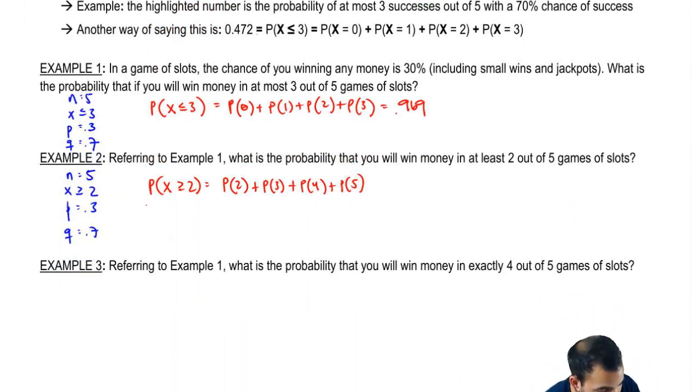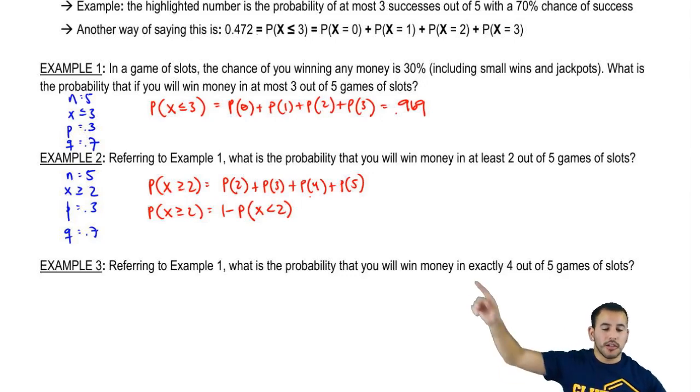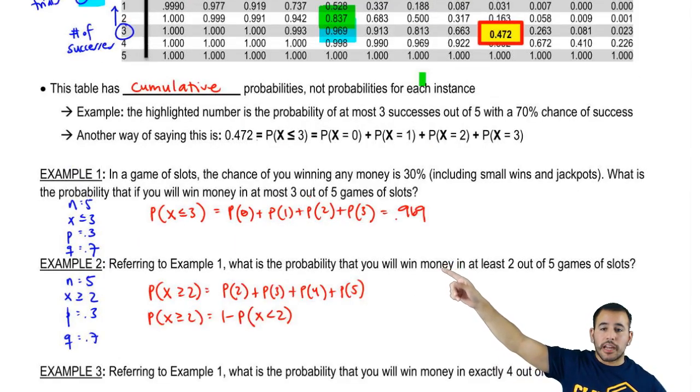So probability that x is greater than or equal to 2 is the same thing as 1 minus the probability that, what's the opposite of x being greater than or equal to 2? It's just less than 2, right? So probability that x is less than 2. But our table only works off of less than or equal to, right?